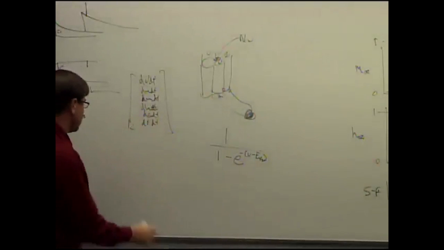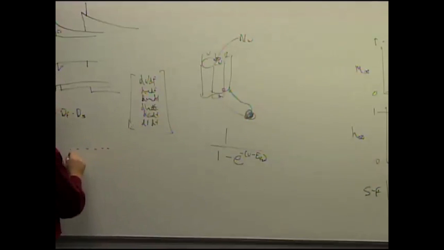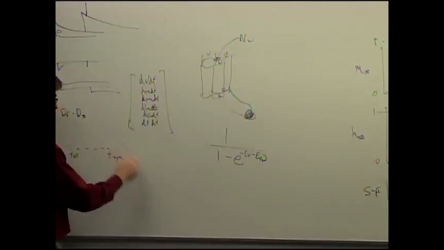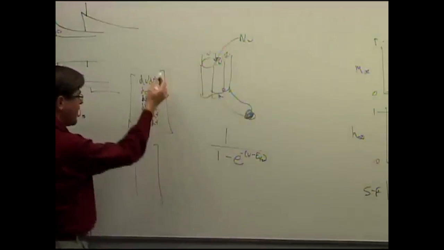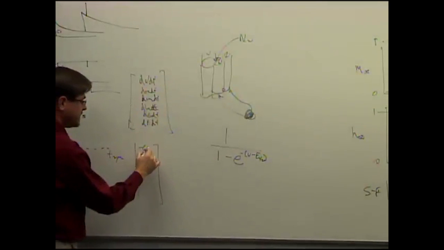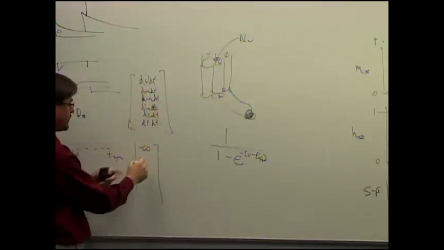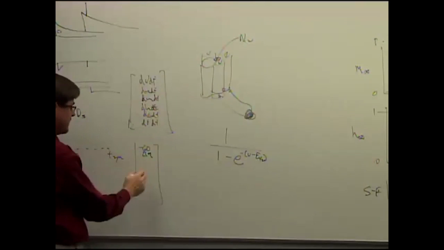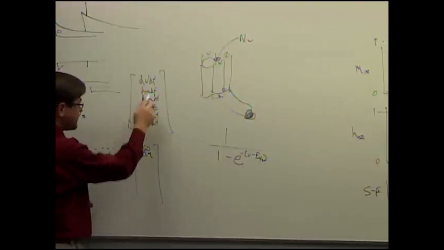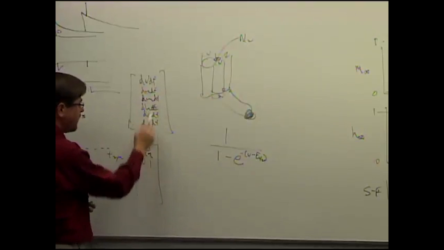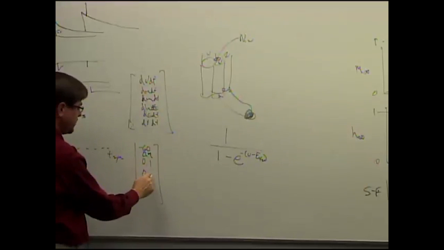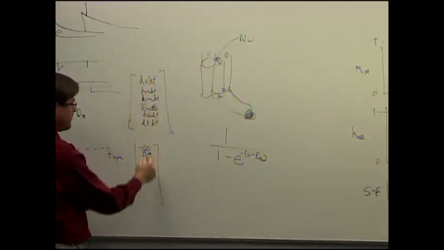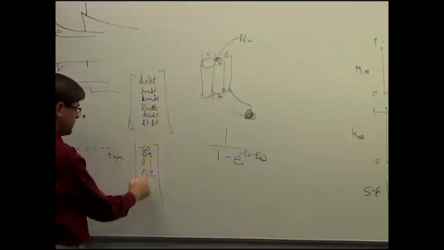We run our simulation up to some point, so we have t equals 0 up to the time of our synaptic input, and we get out our values. So we might have something like minus 60 is the voltage, 0.9 is the potassium activation, 0.1 is the sodium, 0.2.